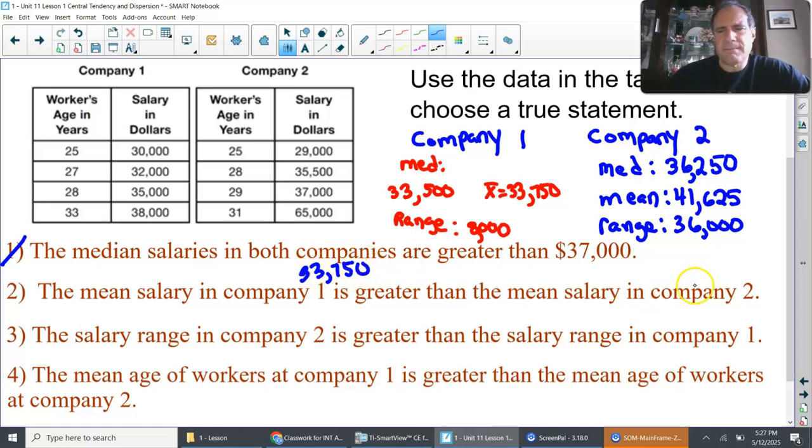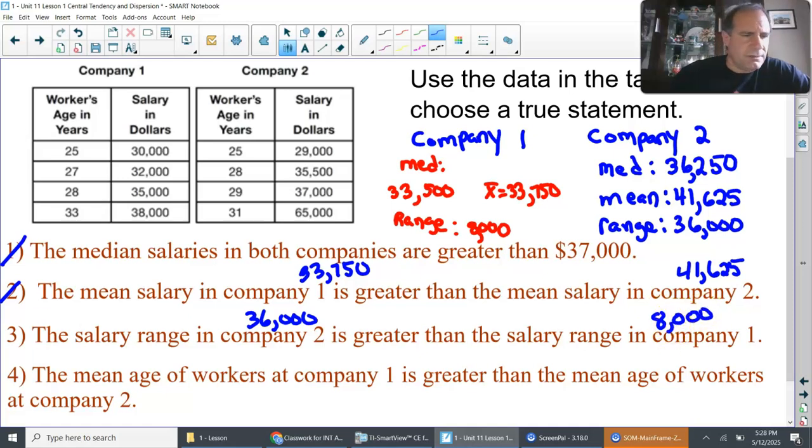Is it greater than the mean salary in company 2? No, it is not. That is false. The salary range in company 2 is tremendous. The range is 36,000, greater than the range in company 1 of only 8,000.